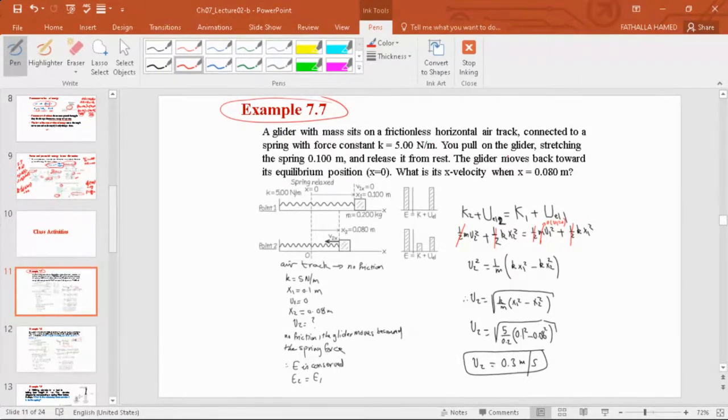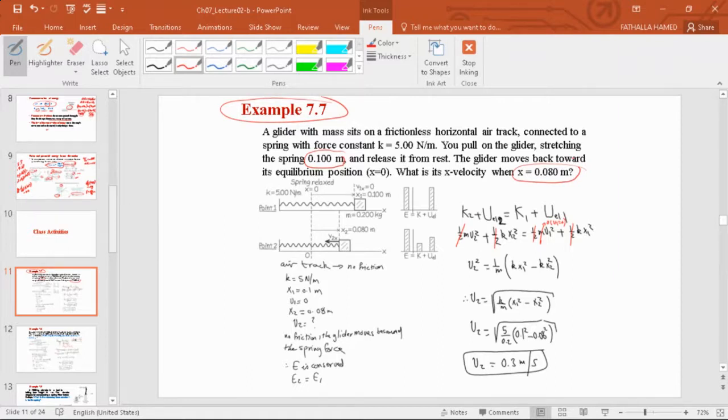You pull on the glider, stretching the spring 0.1 meters, which is about 10 centimeters, and releasing from rest. The glider moves back because the spring now is going to do work to its equilibrium, x is equal to 0. What is its velocity when x is equal to 0.08 meters, which is about 8 centimeters?